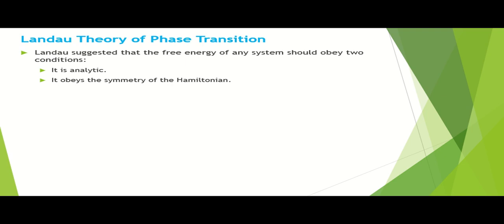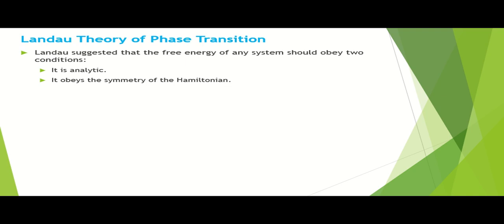And I think you have studied what you mean by a symmetric Hamiltonian in your classical and quantum mechanics course. So when you go from one point to another point, depending on what type of symmetry we are talking about, if it is, let's say, translational symmetry, based on where you are in the solid, it should not make any difference.